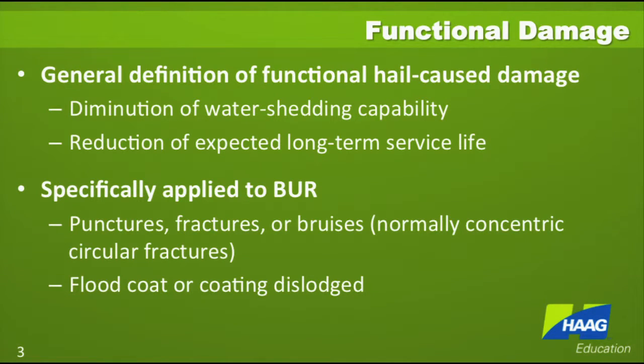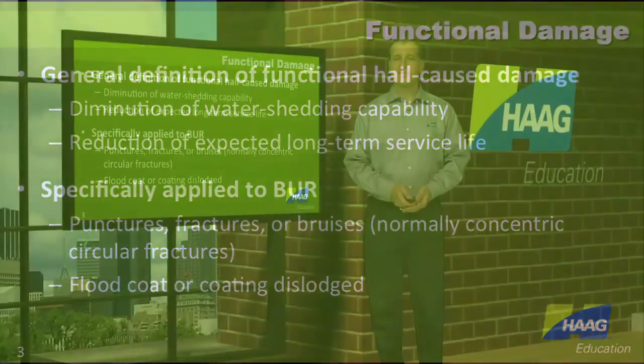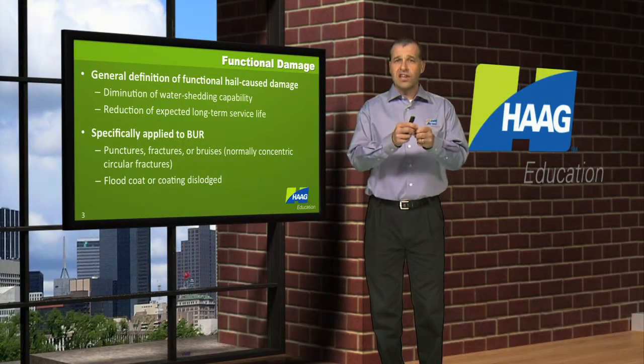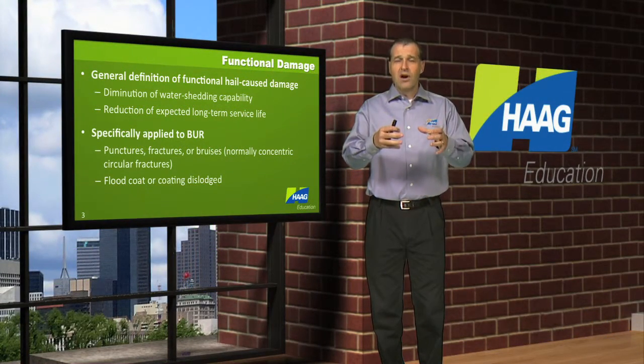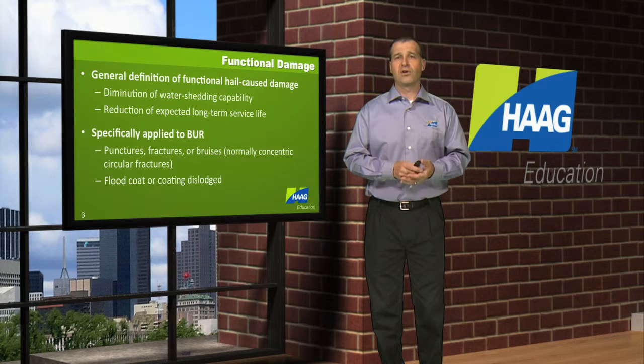And then specifically applied to built-up roofing, that would be puncture, fracture, or bruise through the membrane. And this is going to take fairly large hail to do this. And normally this manifests itself as concentric circular fractures from a large hail impact on the roof surface. This would be something that potentially could cause leakage into the roof system.